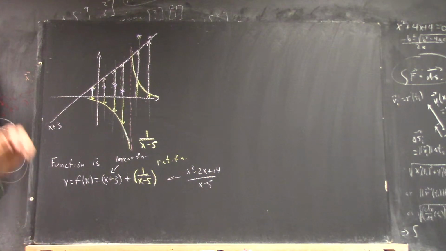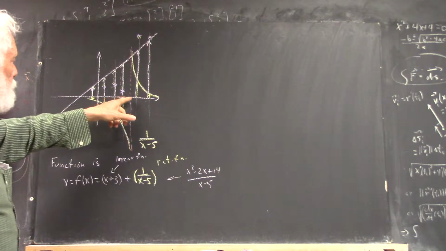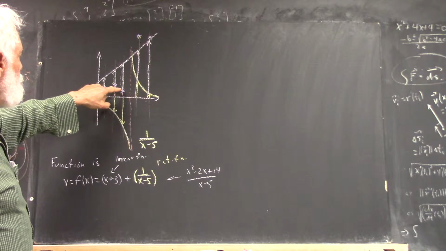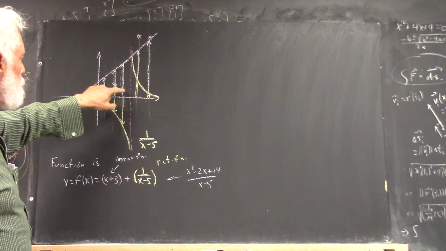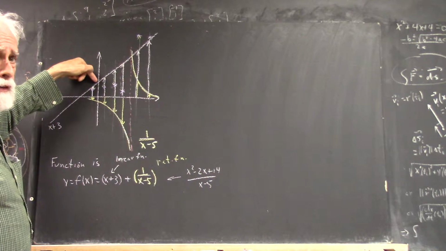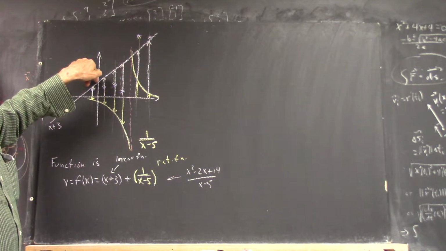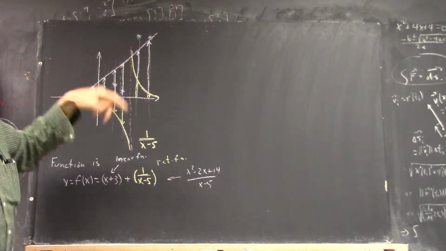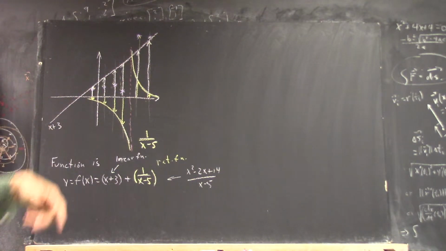Now, one thing I notice is that as I move to the left here, these purple points get closer and closer to this line. Why is that? It's taking away from it less and less. Because what? It's taking away from it less and less.